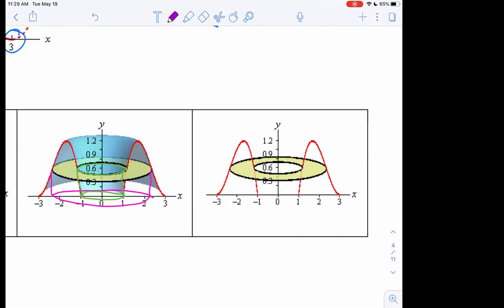At the highest point. No, it's actually not at the highest point. The skinniest shell is going to be right here, because this shell has a radius of 1.